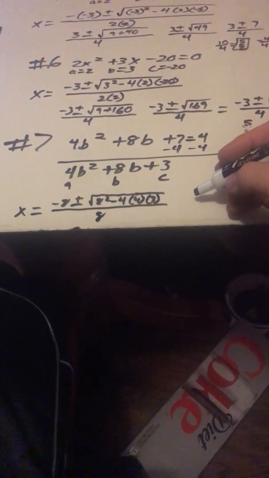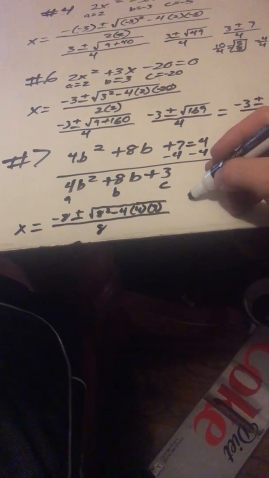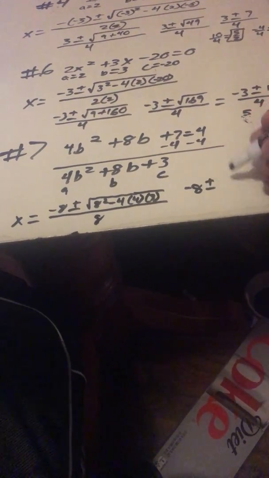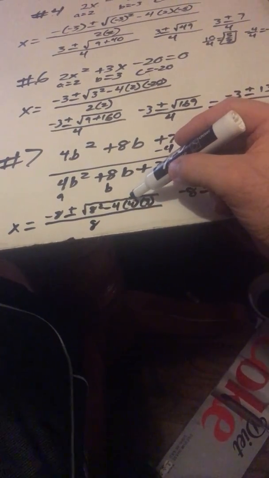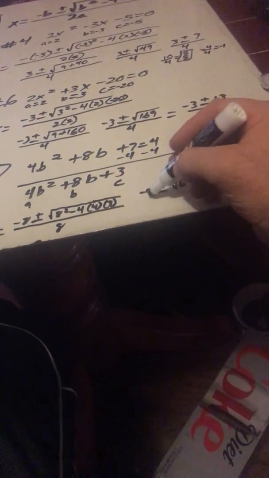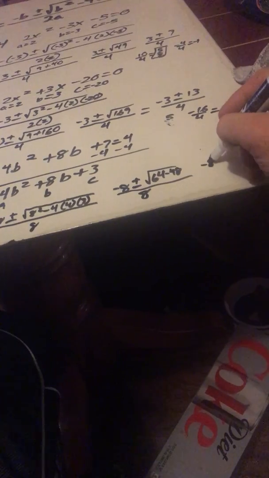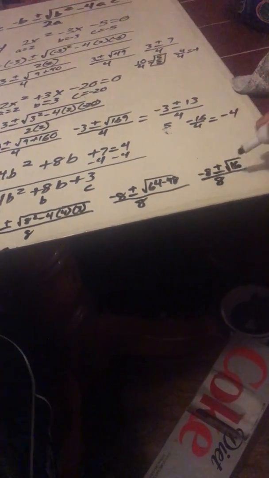So I have negative 8 plus or minus 64 minus 16 times 3, which is 48. So we have 64 minus 48, which is 16. So I have the square root of 16 over 8.